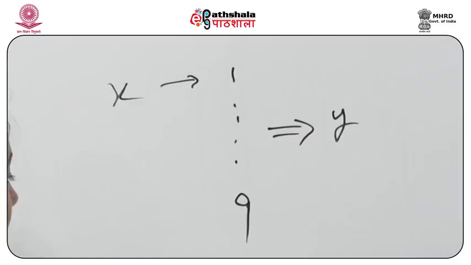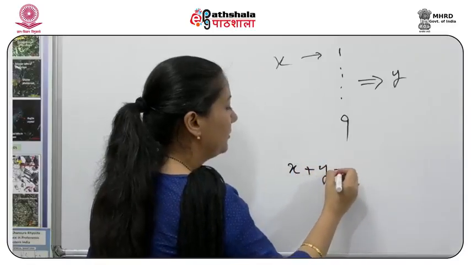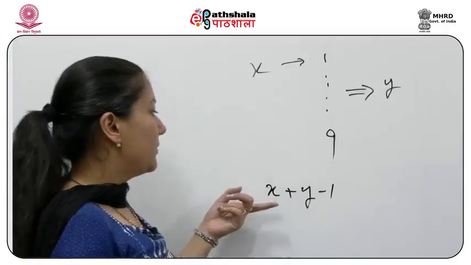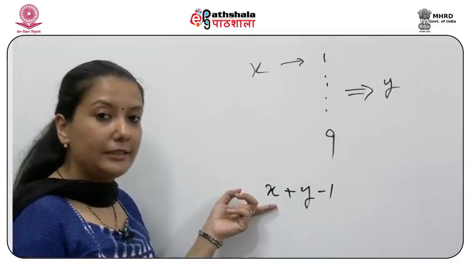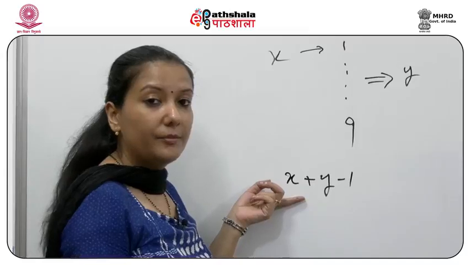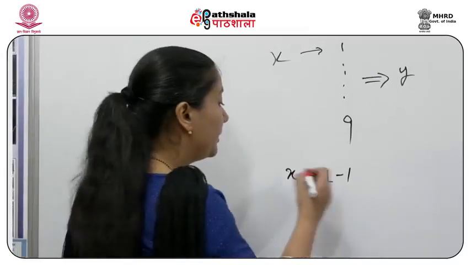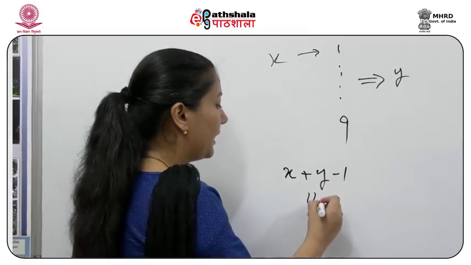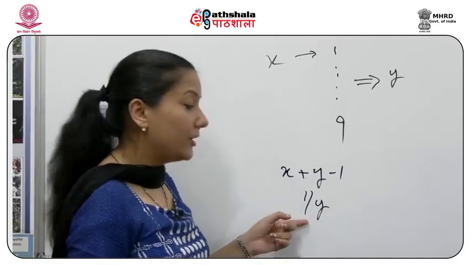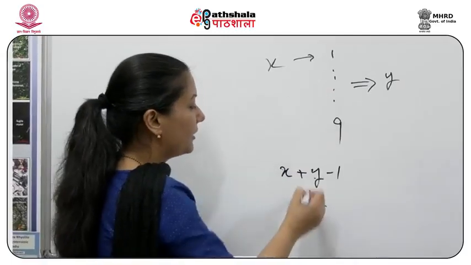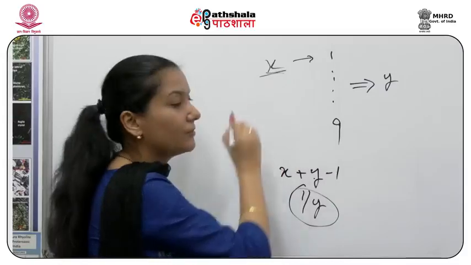Then the weightage for this would be X plus Y minus 1. This is one of the methods to determine the ranks or the weightage, and another method based on the ranks could be, instead of this, we could simply have 1 upon Y. So 1 upon Y here, based on the rank, the weightage would depend for each of these layers.